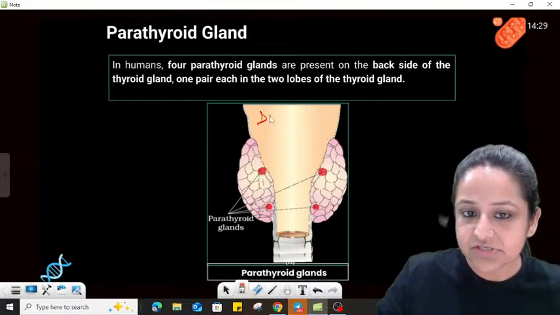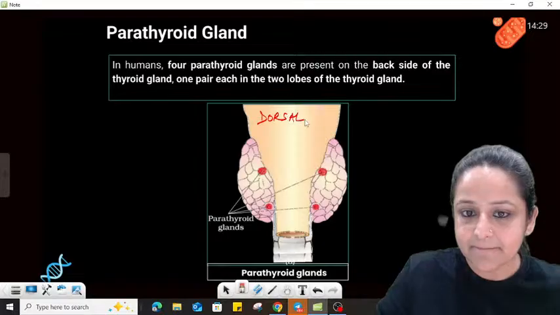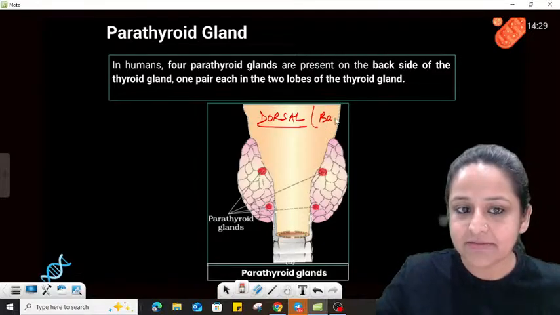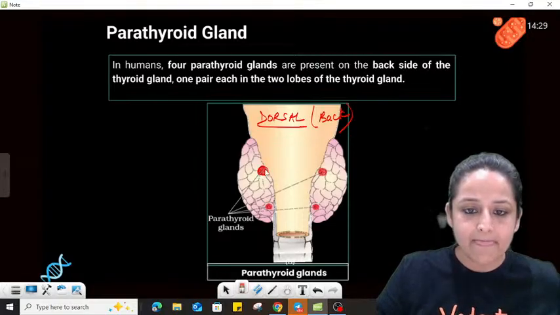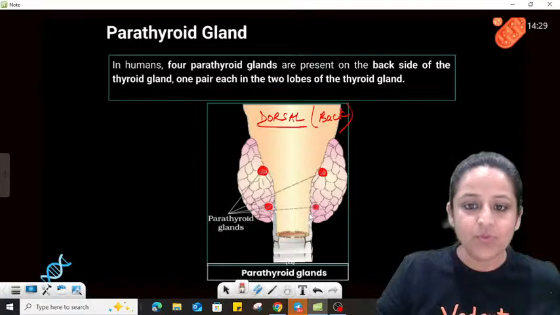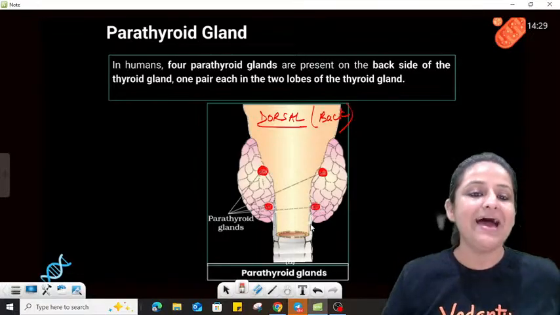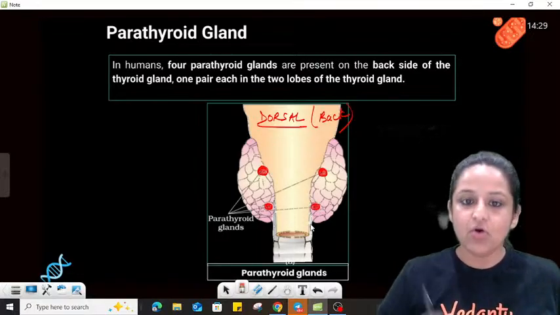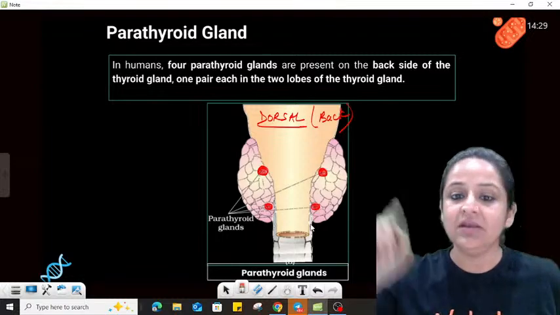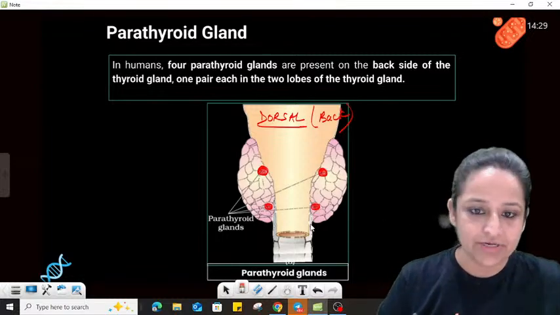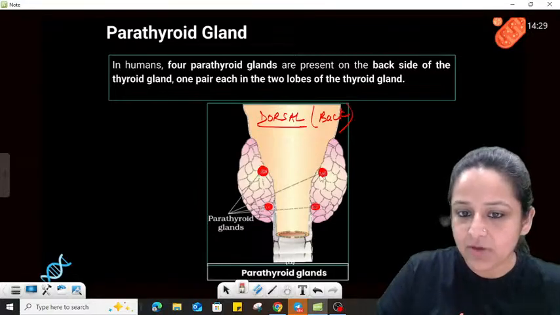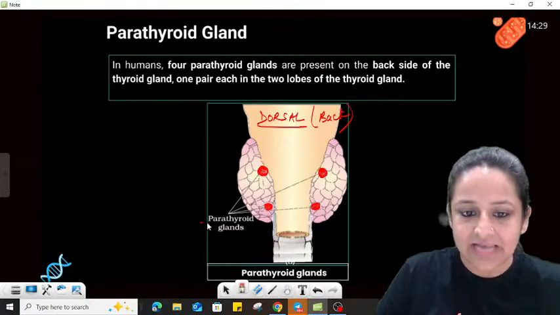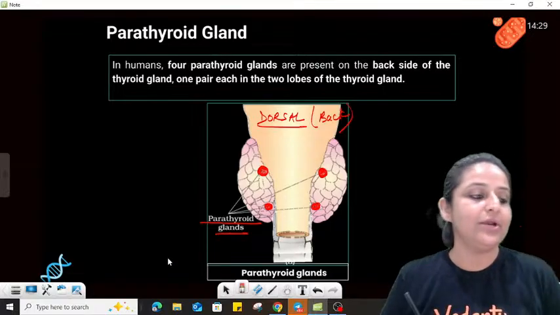At the dorsal side, that means at the back side of the thyroid gland, there are these 4 small glands present, which are called parathyroid glands. 1 pair in each lobe of the thyroid gland. So 1 pair over here in this lobe and 1 pair over here in this lobe. This is called the parathyroid gland.